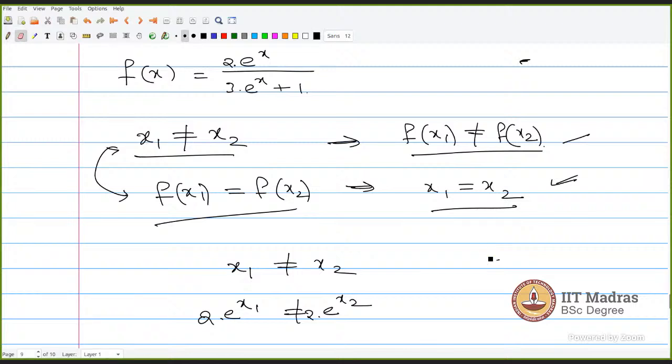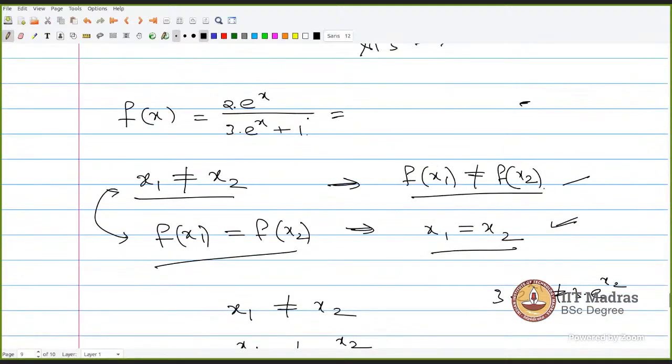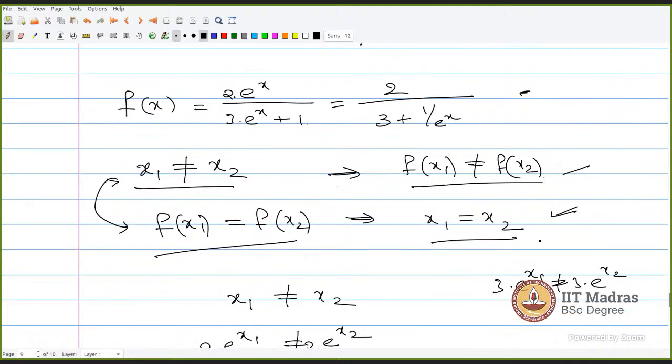Same thing, 3 times e to the power x1 will not be equal to 3 times e to the power x2, and plus 1 will also not be equal. Okay, I will write this function as 2 by 3 plus 1 by e power x. We just divide by e power x. Now it will be easier for us.